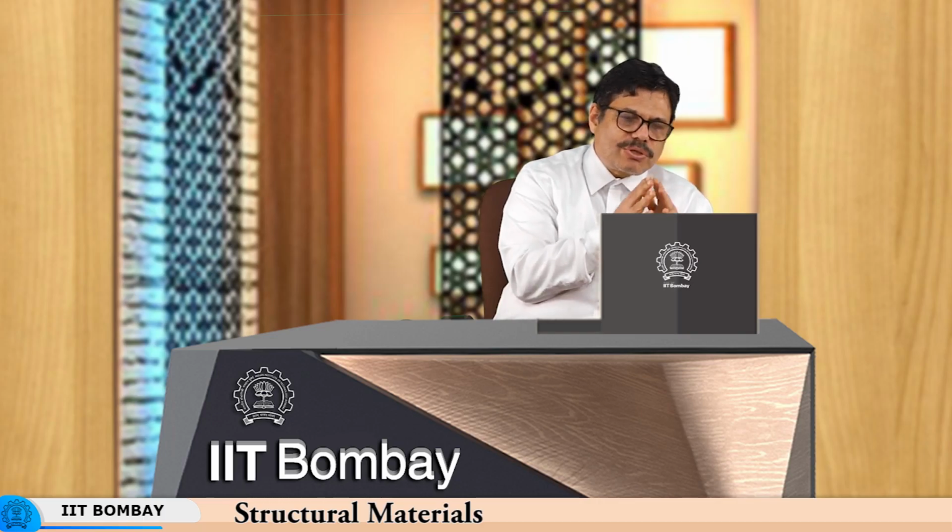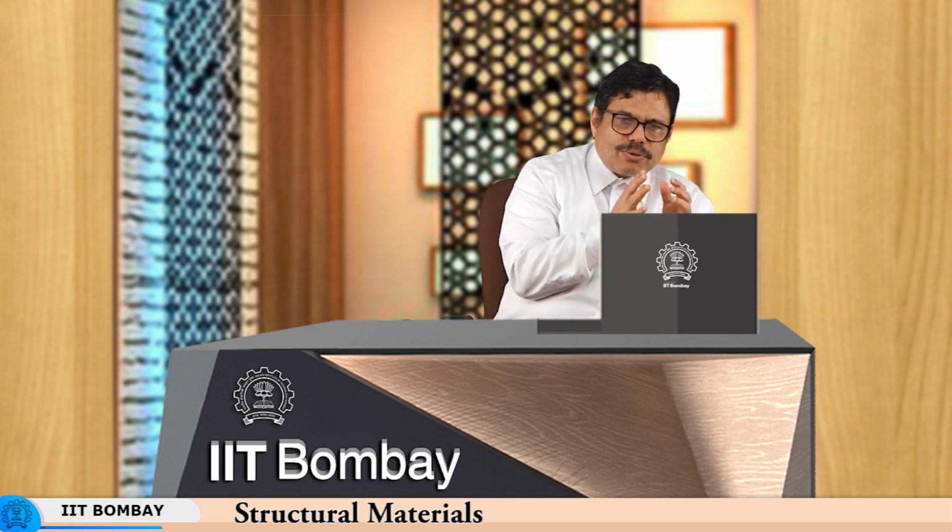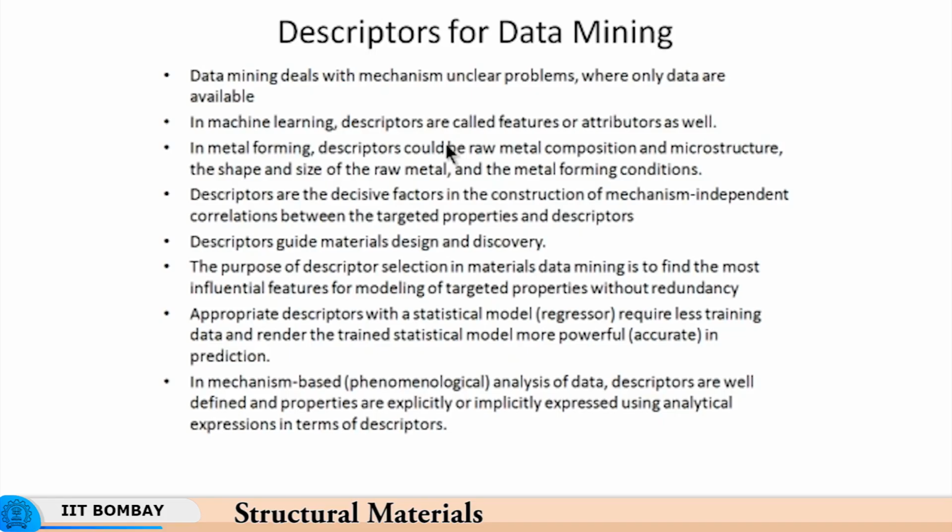So now we are talking about a machine learning algorithm which does not care for the phenomenological events taking place. So it is not concerned about the physics of the problem. So what we do is that a mechanism independent correlation is established like a black box. So you have descriptors which determine the final outcome. So we correlate the descriptors with the final outcome, and these are mechanism independent correlations, right.